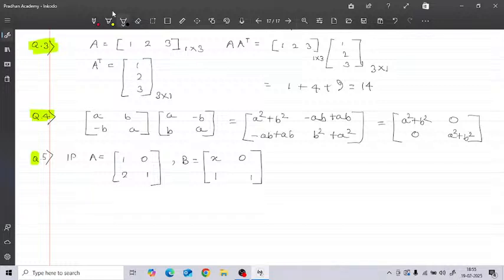It is given that A equals B squared. Now let's find x.